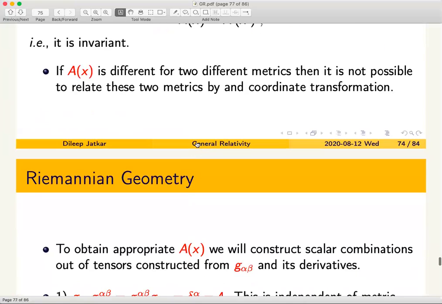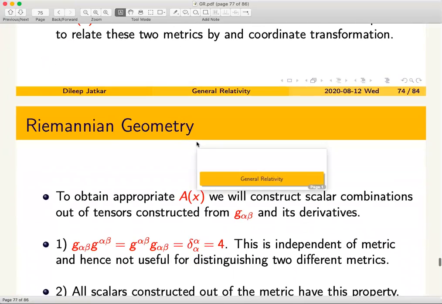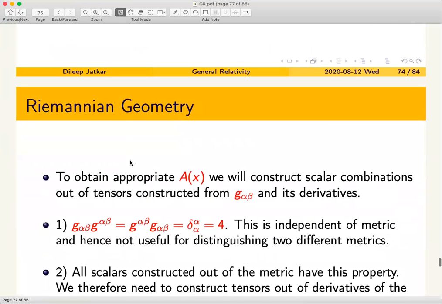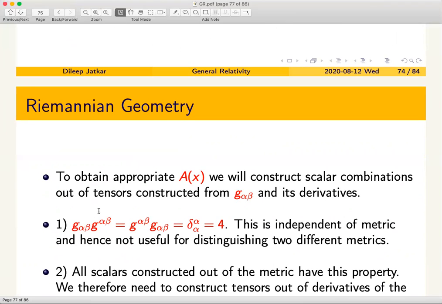Okay, so let's ask what kind of invariants we can write down. The first invariant that we could write down involves no derivative of the metric, which is like g alpha beta g alpha beta. Now this quantity is just a number really, because you can contract the indices and it becomes delta alpha alpha, which is just 4, since we are working in 4 space-time dimensions.